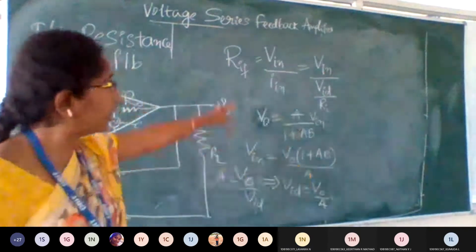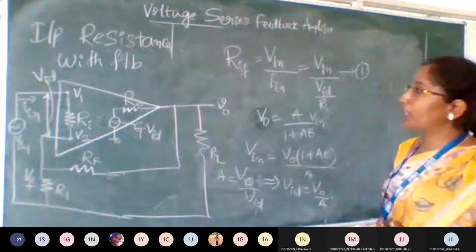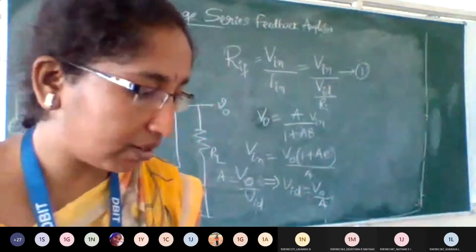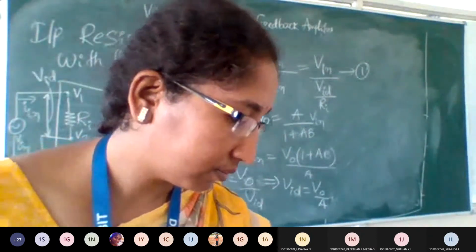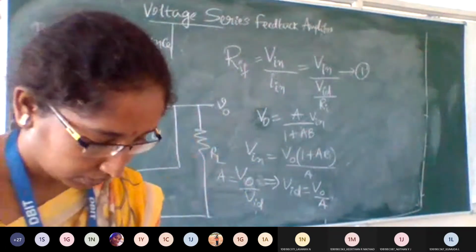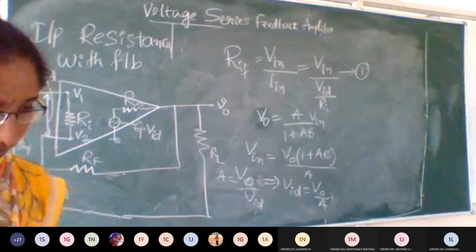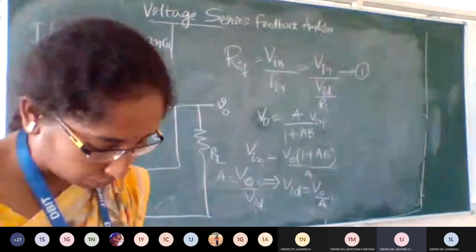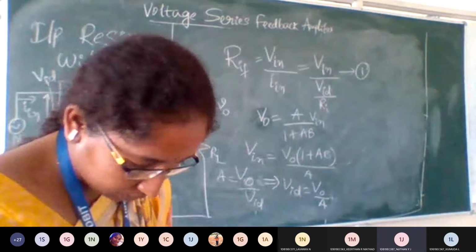Substitute these two in expression 1. Substitute the V in value and the VID value and tell me what you will get. One plus AB, ma'am. Only 1 plus AB? Divided by RI.